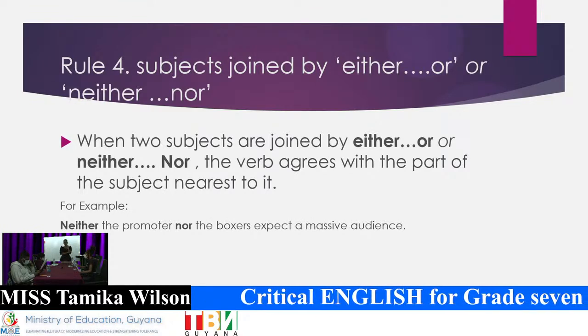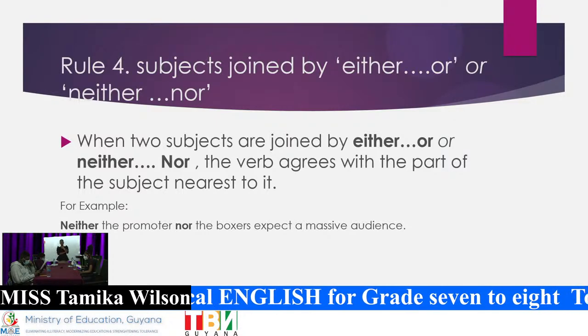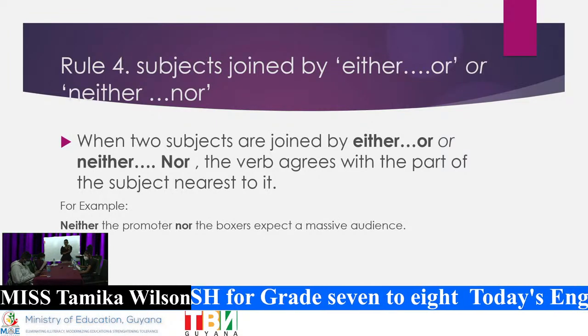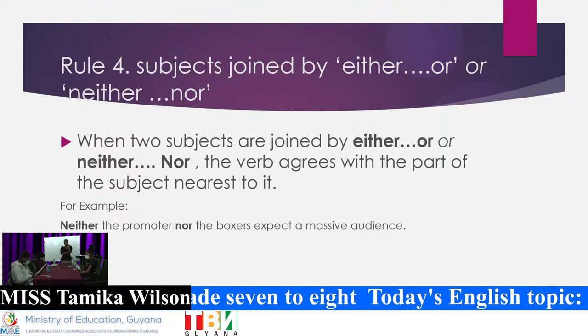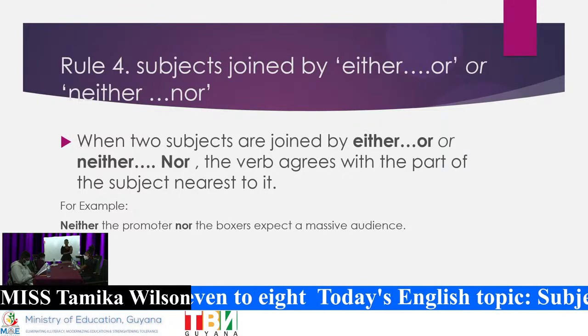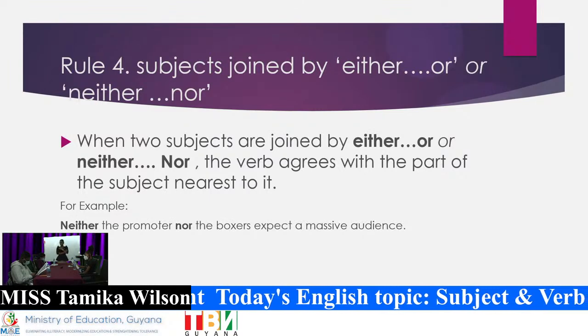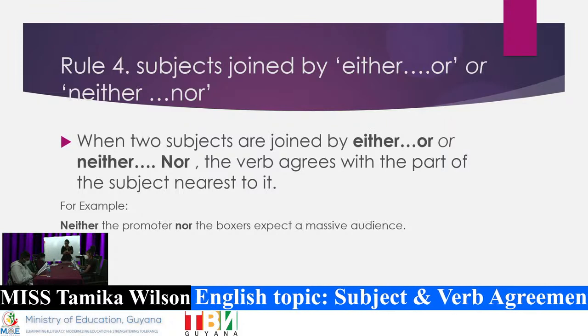So we're looking for the subject that comes after or nor. In this case, when we have either or, we're looking for the verb closest to or. When we have neither nor, we're looking for the verb closest to nor. We're seeing that?